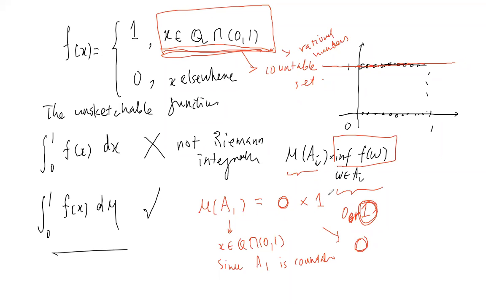On the other hand, those that are elsewhere, they are all here already, so their infimum is already 0.